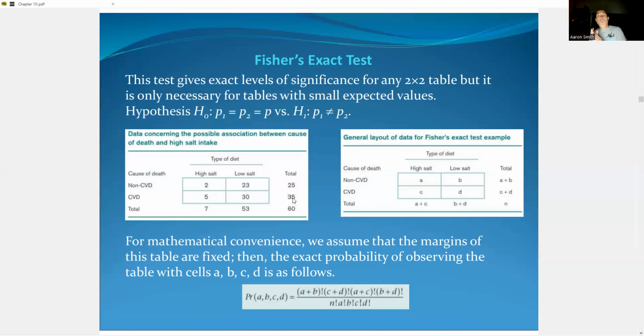From that, it's going to compute a distribution of what you should observe, and then you take what you observe, compare it to the distribution from moving things around, and get your p-value.